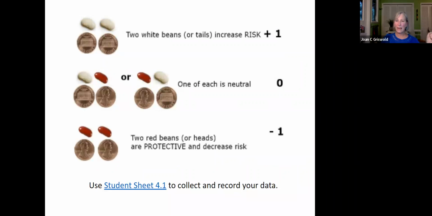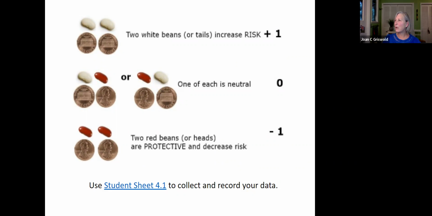All right, since we don't have bags of beans in front of us, I've asked you to have 2 coins with you, or you could use 1 coin and flip it twice, however you want to do that. So what I would like for you to do is go to student sheet 4.1, which is on here. It's also in the workbook, and I'm going to give you 8-ish minutes to work through that.